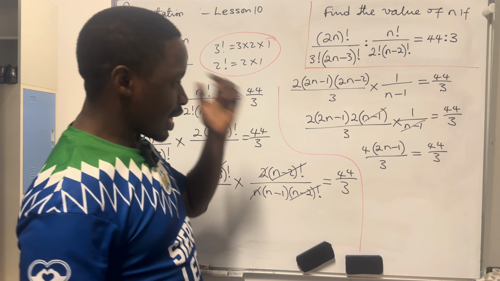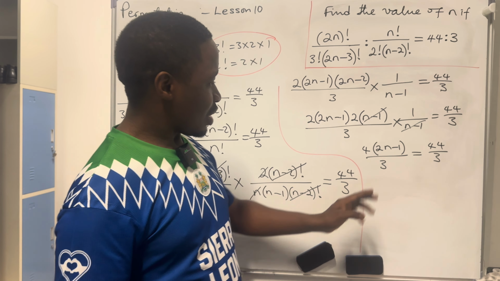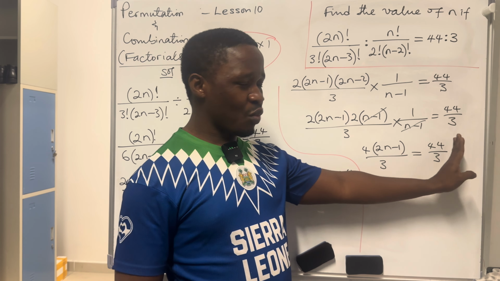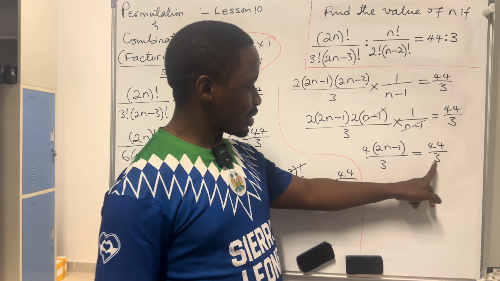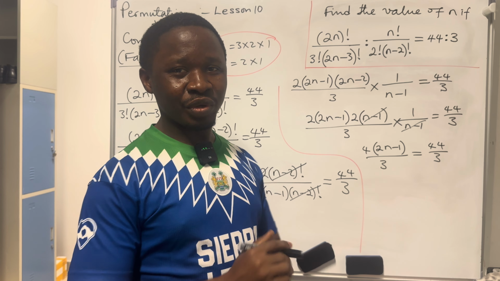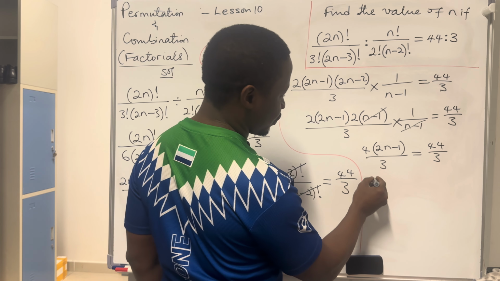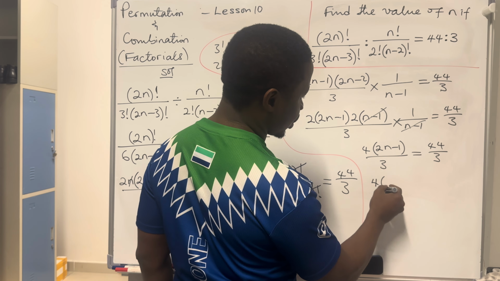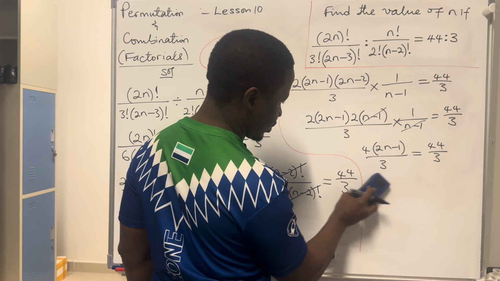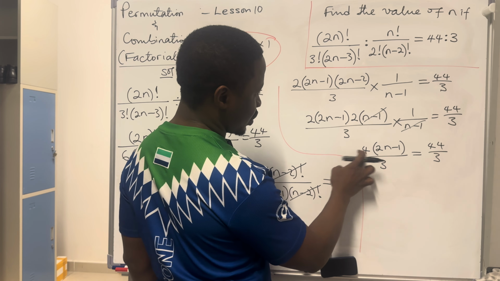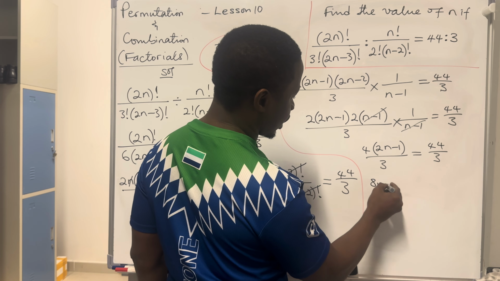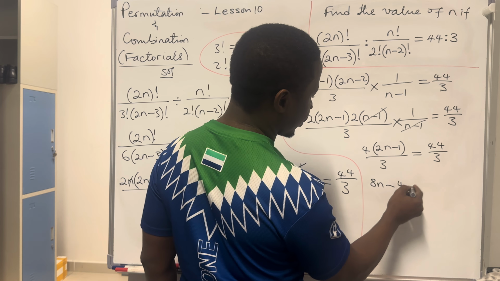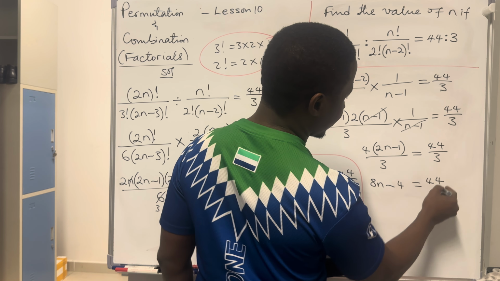It is interesting that whenever you have one fraction equal to one fraction, if the denominators are the same, just ignore them. So easy. So we say 4 multiplied by 2n minus 1. 4 times 2n is 8n. 4 times 1 is 4. This is 44.